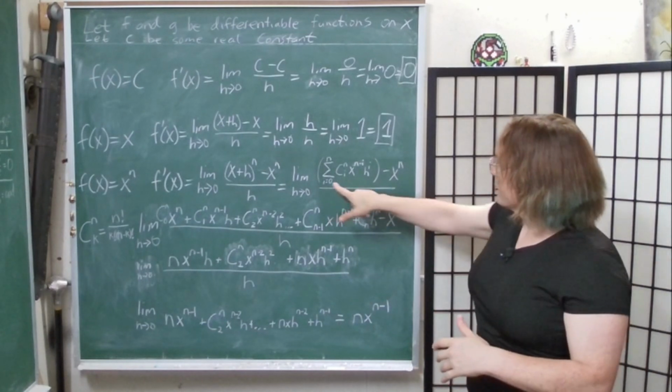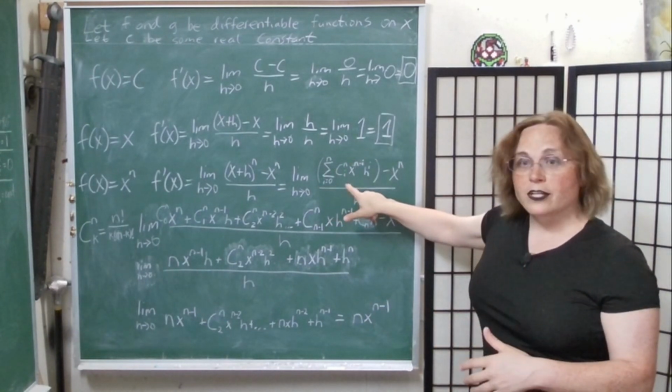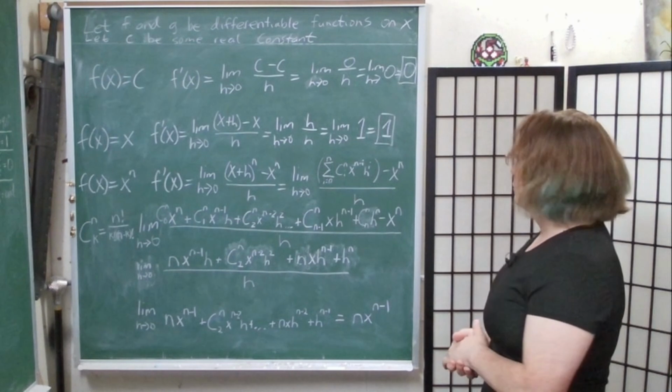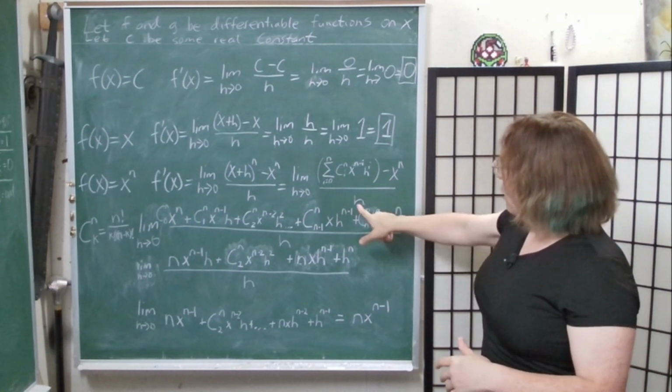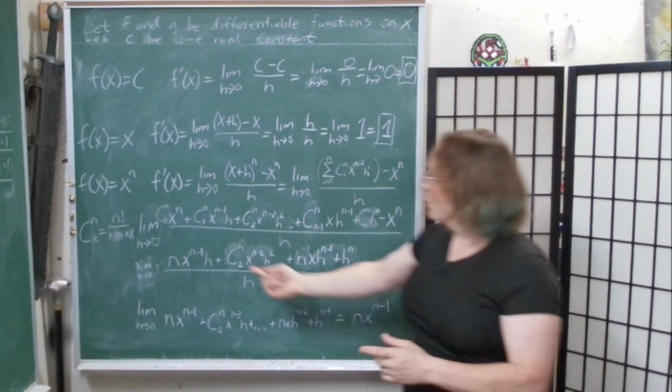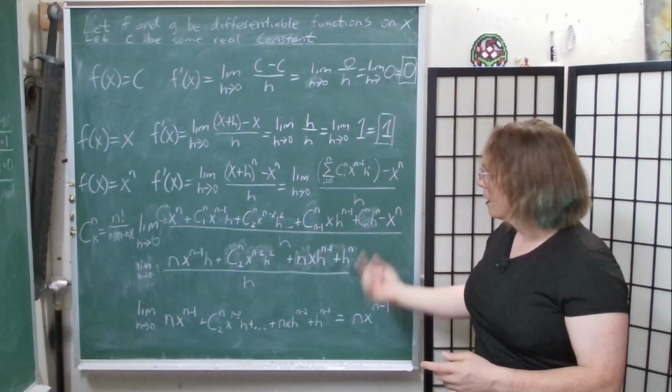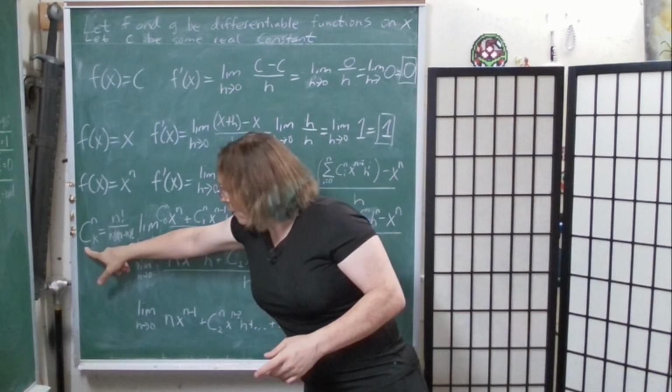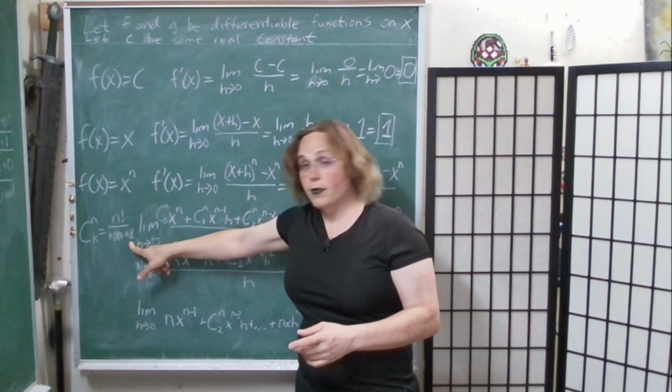So this is binomial expansion in summation notation over h. This is exactly equal to this, okay? So we've expanded it here, and over here, just as a reminder, I've written out exactly what the combination looks like.